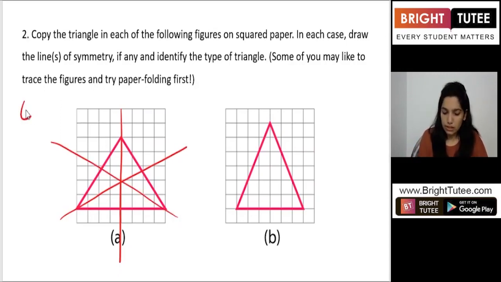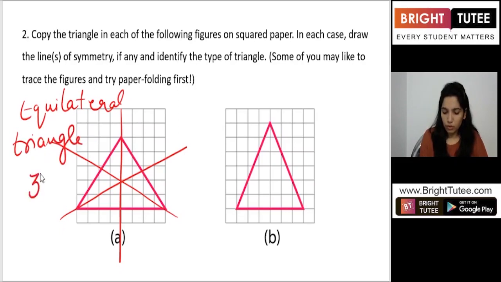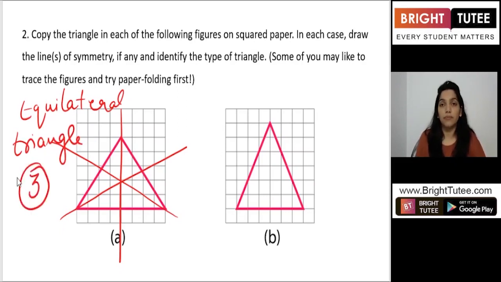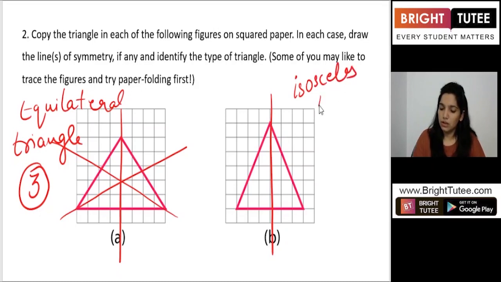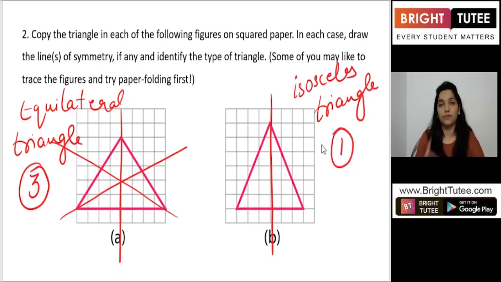Because this is an equilateral triangle, we have got a total of 3 lines of symmetry. Okay. Now the next one, this is an isosceles triangle. And in an isosceles triangle, we have got just 1 line of symmetry.